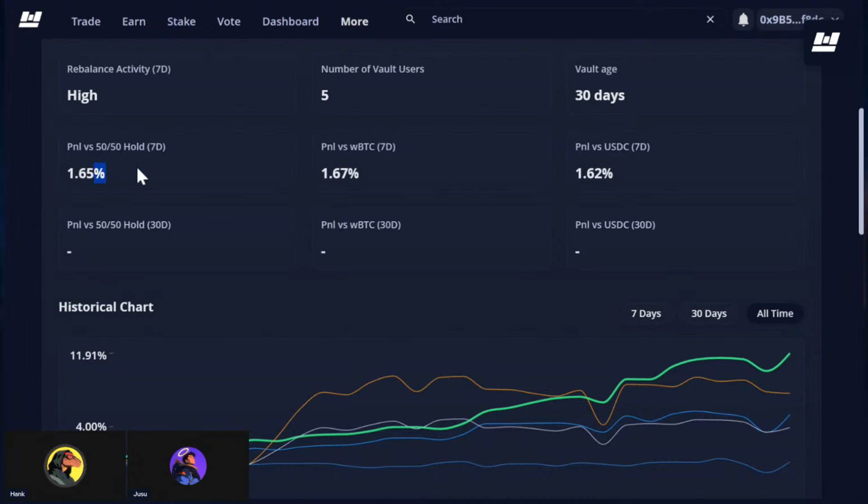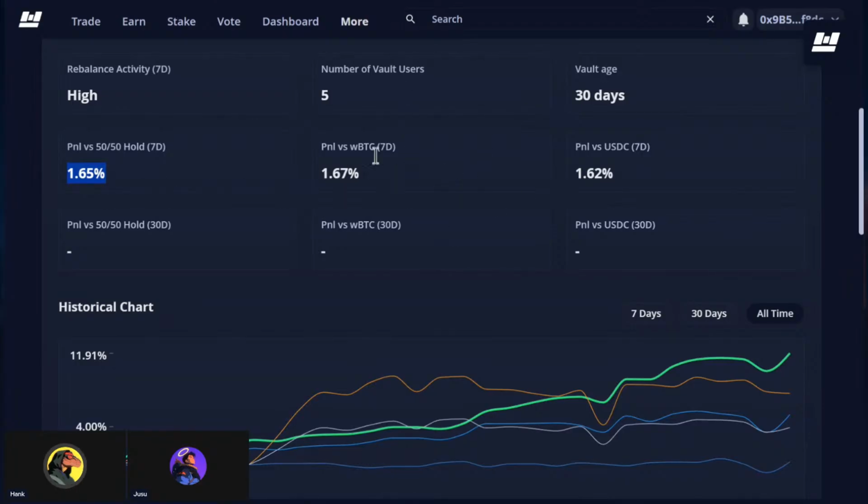Let's say you put in $1,000 of Bitcoin and $1,000 of USD, and what's your profit and loss after a week? It would be 1.65%, so the Vault outperformed holding those assets by themselves in the time span of 7 days.